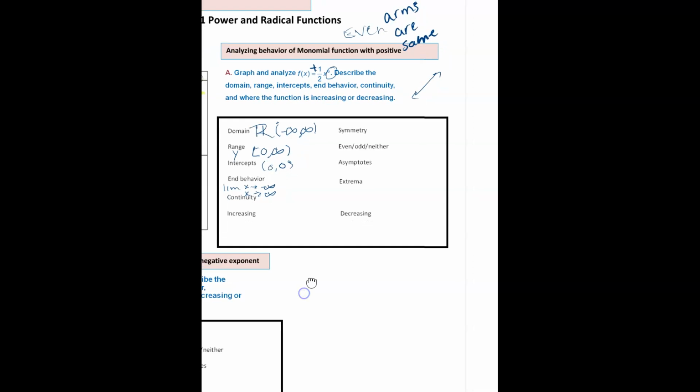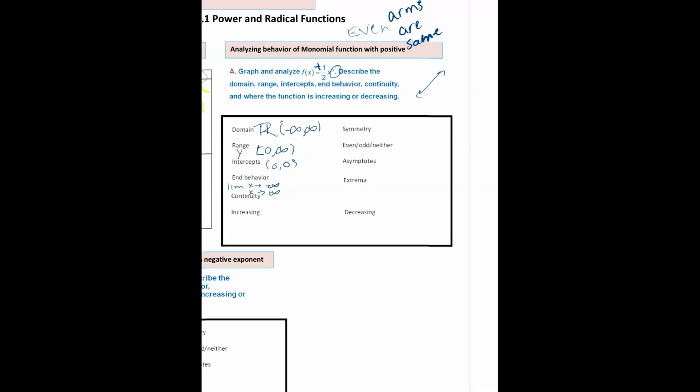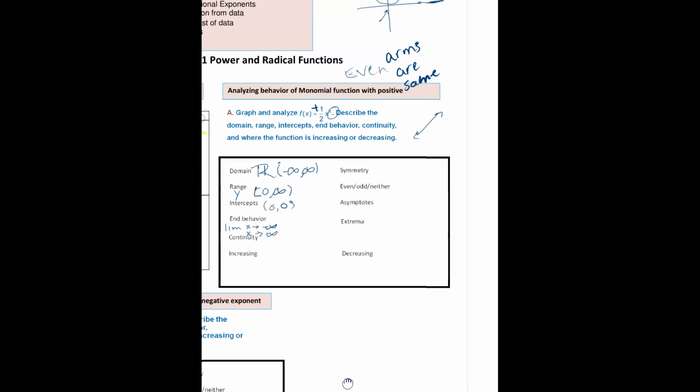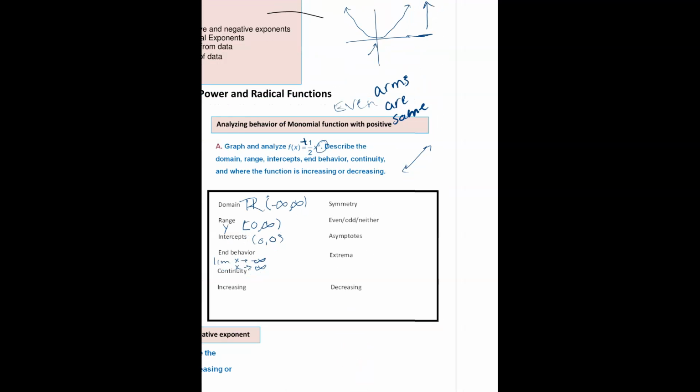As x approaches negative infinity, your graph is going higher and higher and higher, meaning the y values are going higher and higher. So as x goes this way, your y is going up.